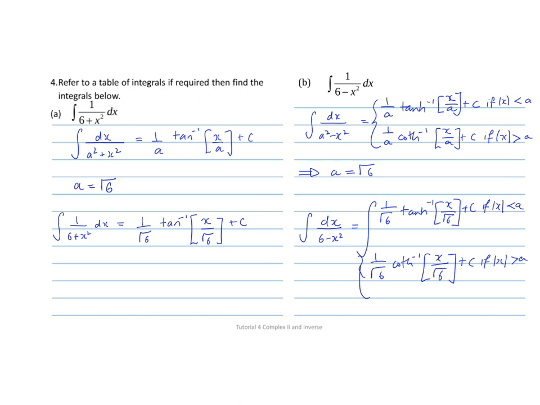Right. Later on, we're going to be doing partial fractions. So you can actually find an alternative for 1 over 6 minus x squared, but we'll look at that later.